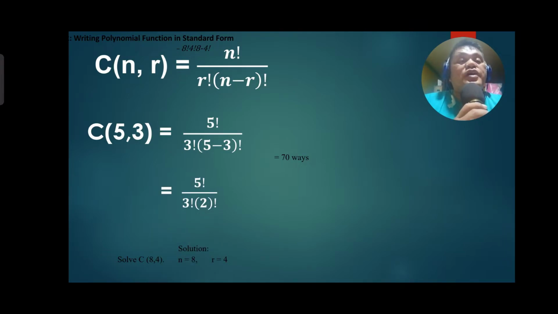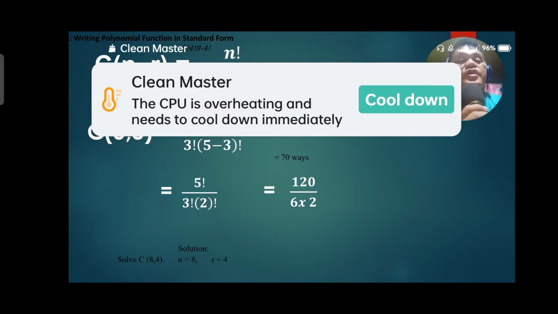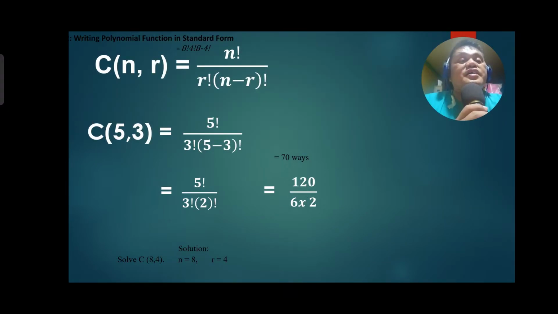Equals 5 factorial over 3 factorial times 5 minus 3, which is 2 factorial. 5 factorial equals 120, 3 factorial is equal to 6, and 2 factorial is equal to 2.